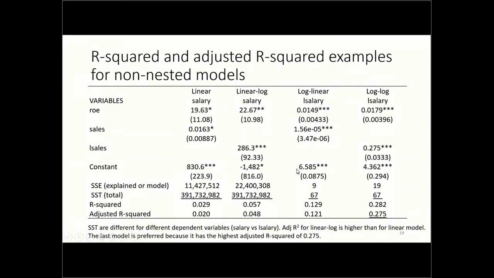Now notice that the sum of squares total changed to 67 when we have the dependent variable measured in log salary rather than in salary. So we have a lot less variation in the dependent variable because logs basically transform the original variable into logarithms. So here, if we divide the SSE by the SST, these are the r squared and then the adjusted r squared.